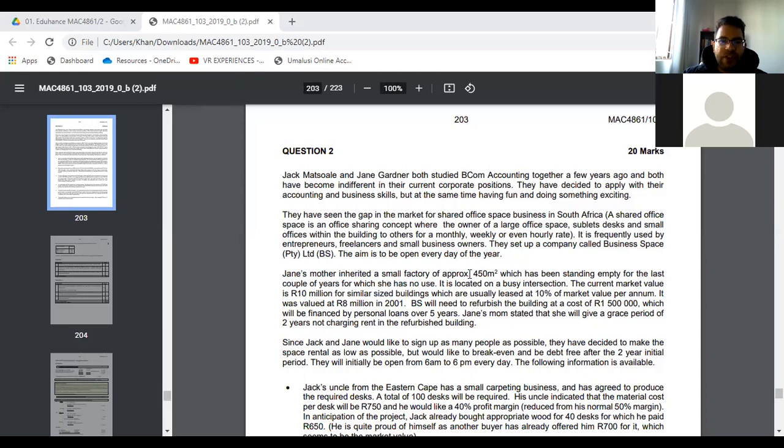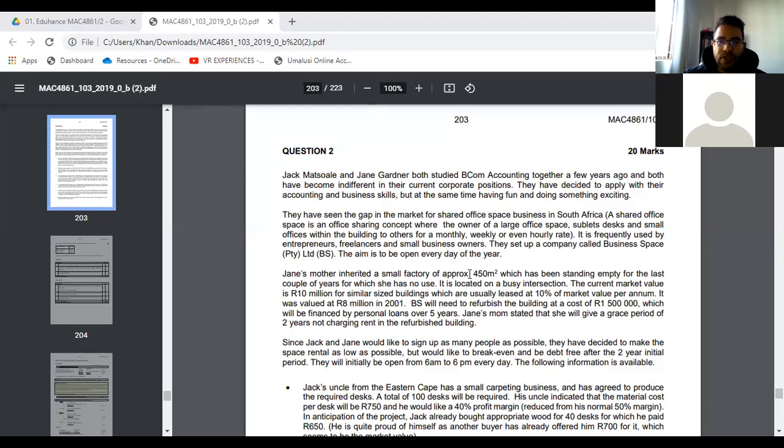They have seen a gap in the market for shared office space business in South Africa. A shared office space is an office sharing concept where the owner of a large office space sublets desks and small offices within the building to others for a monthly, weekly, or even hourly rate. It is frequently used by entrepreneurs, freelancers, and small business owners.